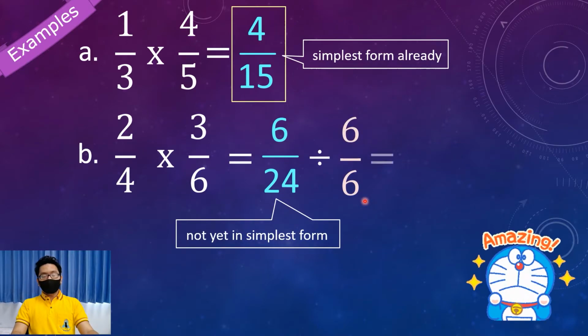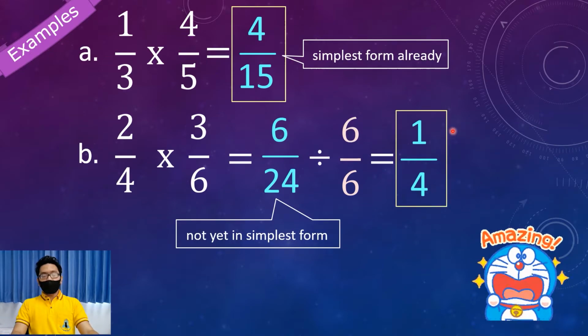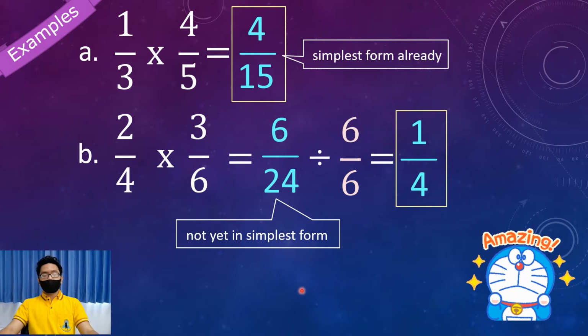Alright, divide numerator and denominator by 6. 6 divided by 6 equals 1. 24 divided by 6 equals 4. Now therefore, our final answer is 1/4.